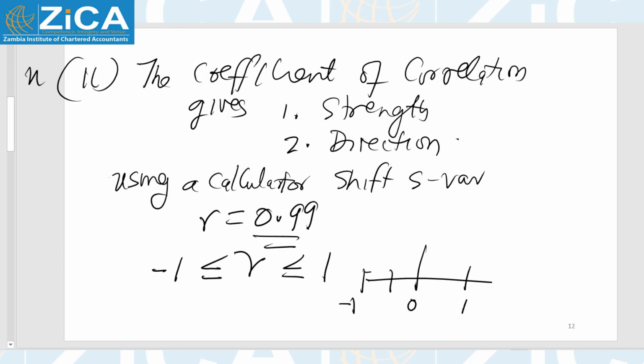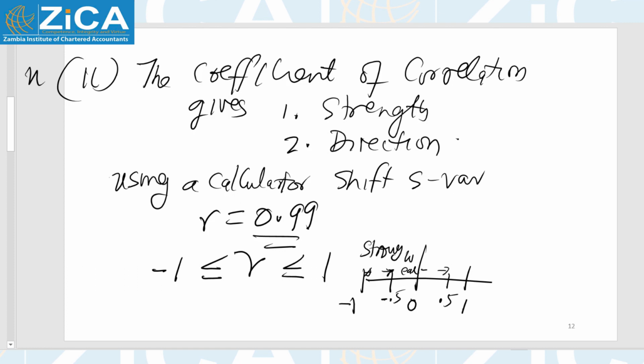Any value in this range here to the left will be a strong but negative relationship. Here it will be a weak but negative relationship. Here, this is -0.5, this is 0.5, the positive value.